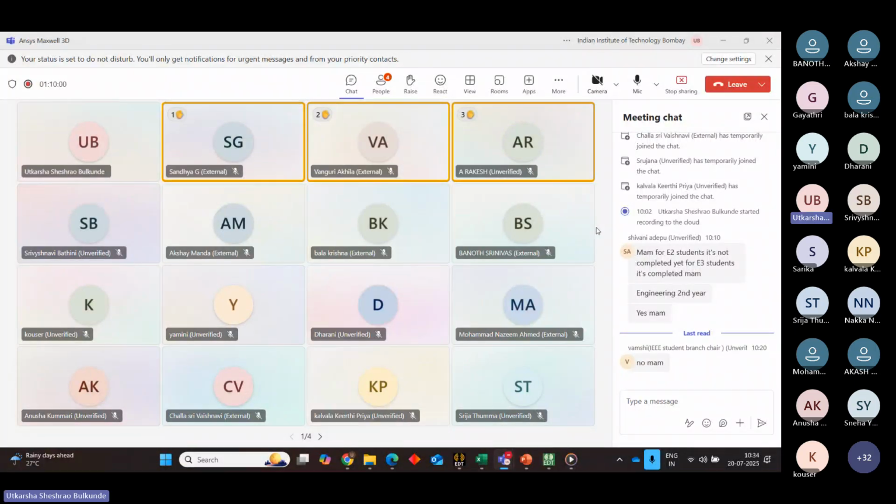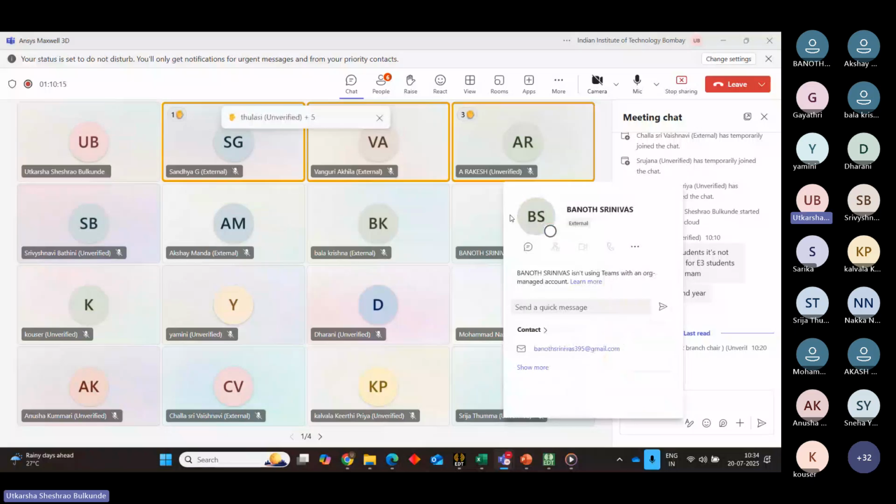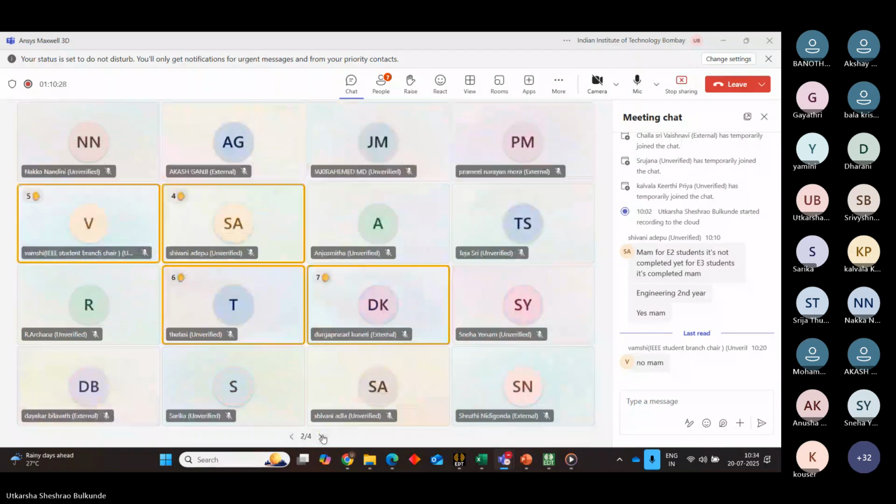Raise your hands if you have understood how we have drawn the geometry yesterday. Just 4 hands I am seeing. 5. Good. At least now you are responding. 7, 8.